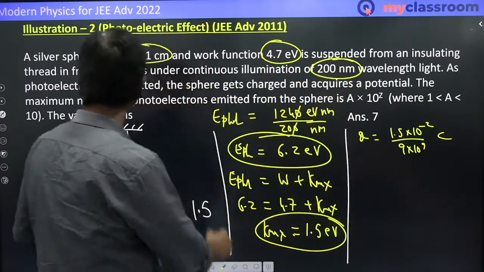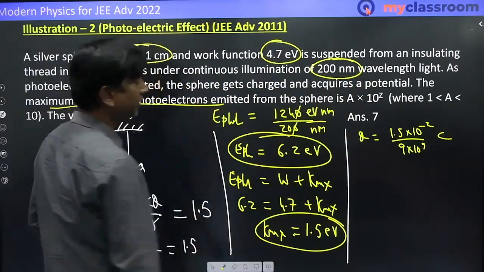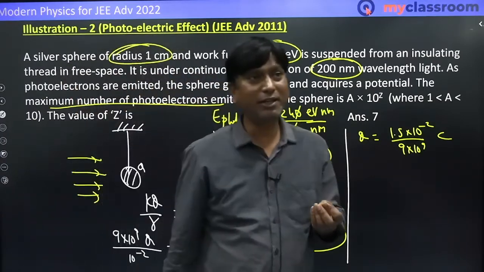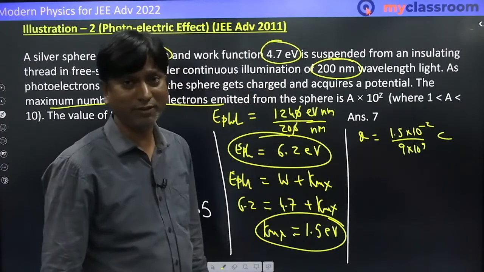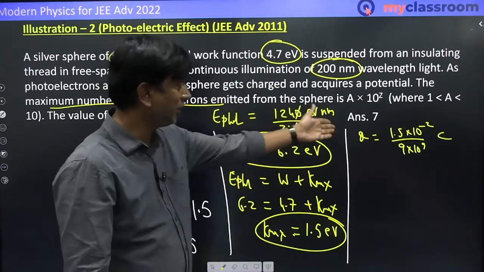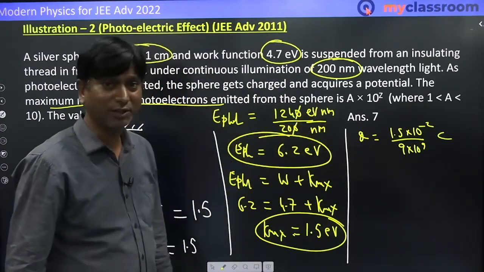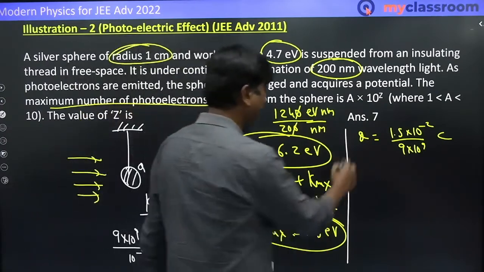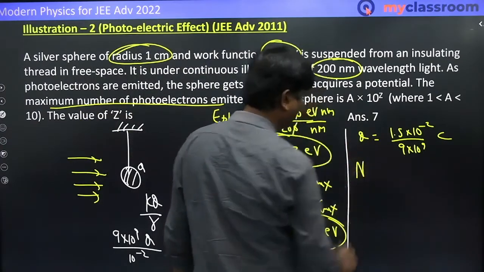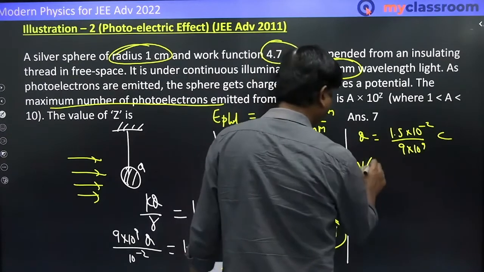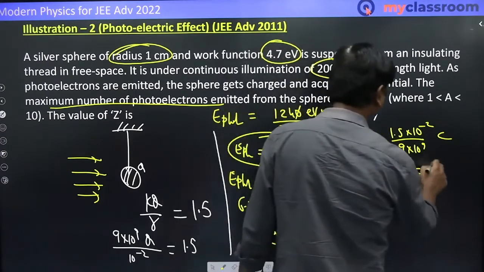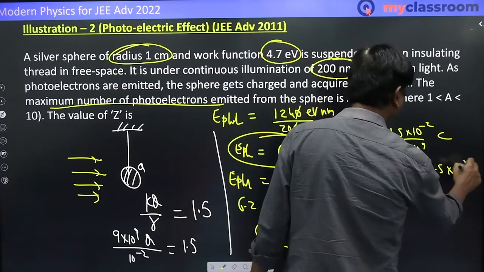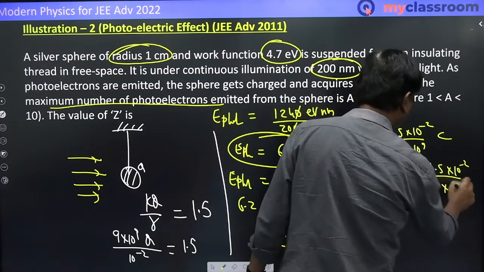They are asking for the maximum number of photoelectrons emitted. Because every electron when it is emitted, the sphere will acquire a positive charge of 1.6 into 10 power minus 19 coulombs. If it has to acquire this much total charge, how many electrons will it emit? So this is nothing but the total number n. Charge of each electron, 1.6 into 10 power minus 19, times n, is equal to 1.5 into 10 power minus 2 by 9 into 10 power 9.